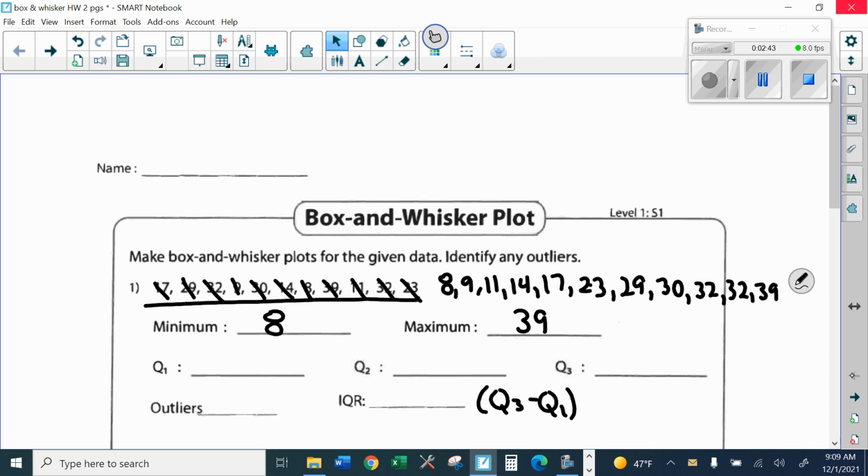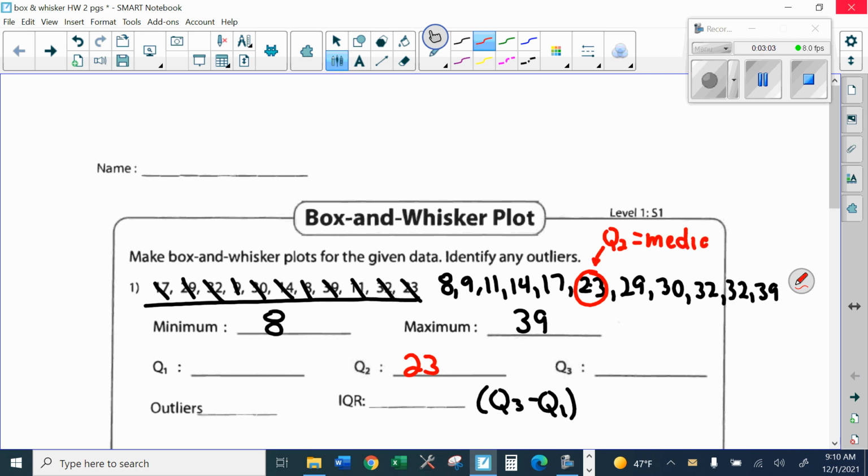So the sixth one up, 1, 2, 3, 4, 5, 6, is the middle one. That's called the median, which is quartile 2, 23. Q2 equals the median. That's the middle number when arranged from smallest to greatest.